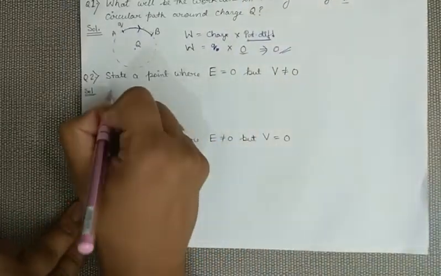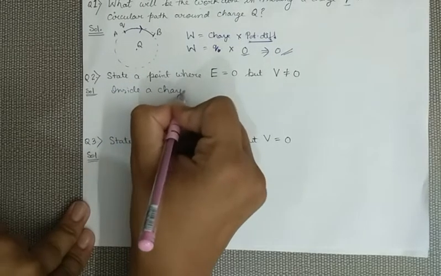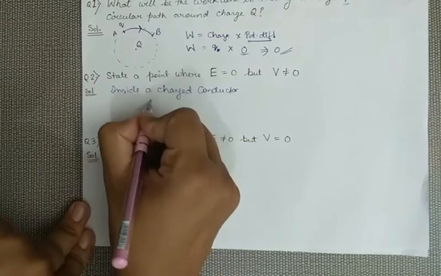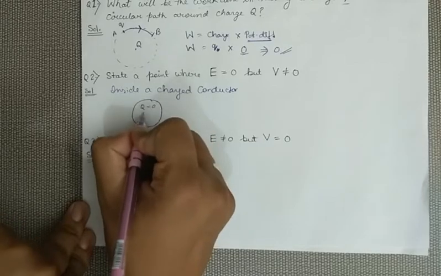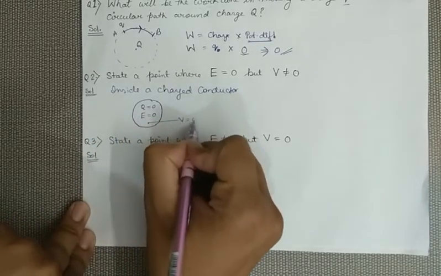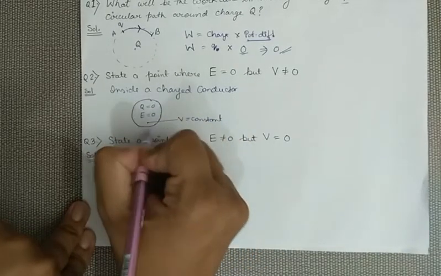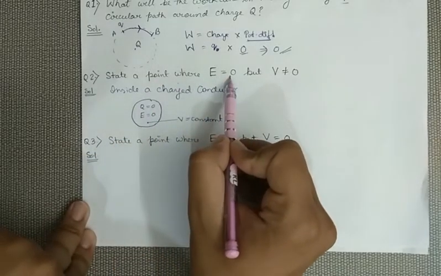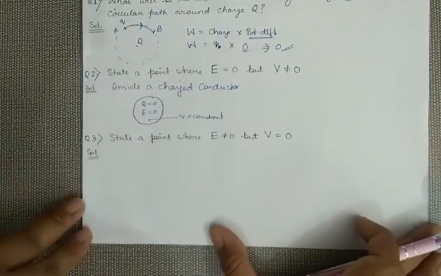So just remember, inside a charged conductor, we know that charge is zero, and because of this the electric field is zero, but inside the conductor potential is always constant. This potential is equal to the potential on the surface. So a point where electric field is zero but potential is not zero, that example is inside a conductor.